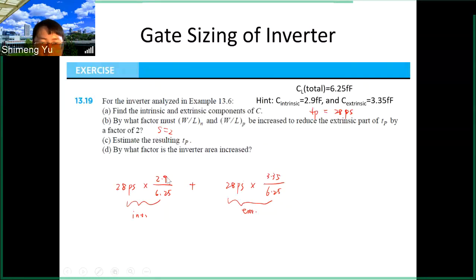And then use our conclusions from before. You increase the size by a factor of 2. Intrinsic part no change. Extrinsic part reduced by 2, so you should have half of that. So this is the new Tp.